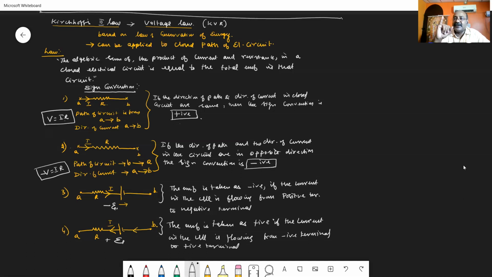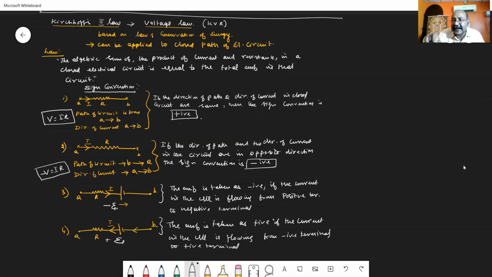The first sign convention is the product of current and resistance is positive if the direction of the current and the direction of the path are taken to be same. Then the product of current and resistance is negative if the path of the current and the path of the circuit are opposite. If the current in the circuit flows from negative terminal to positive terminal, then EMF is taken as positive.